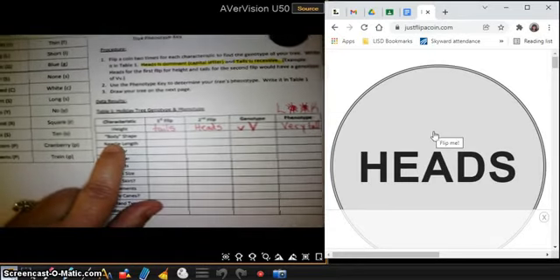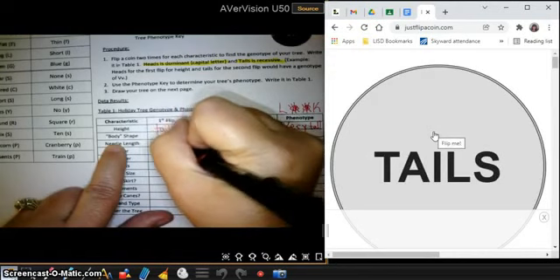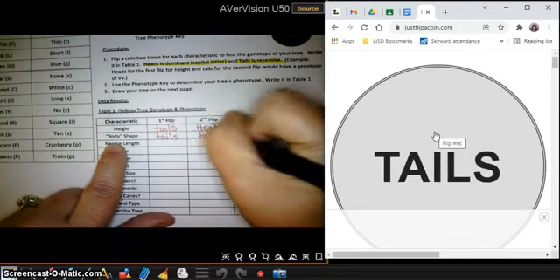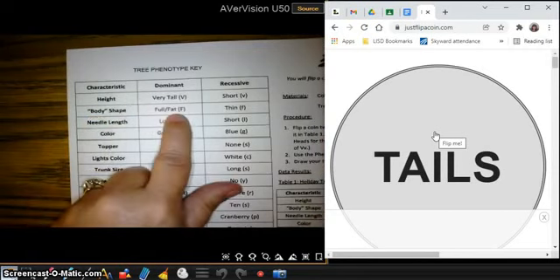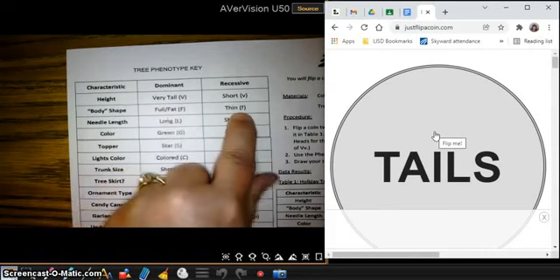Body shape, we're going to flip the coin, and we got tails. We're going to flip the coin again, and we got tails again. So when I look at my dominant for body shape is a capital F for full or fat. And my recessive trait is a little f for thin.